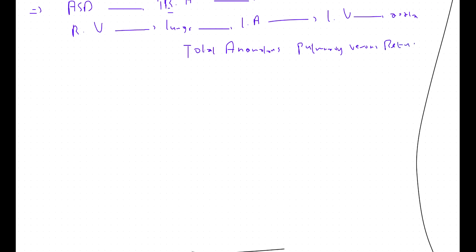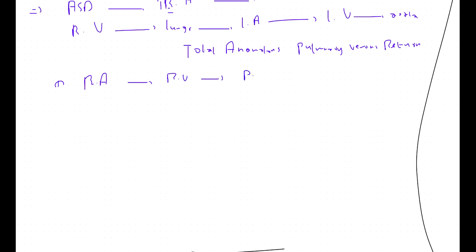So what does total anomalous pulmonary venous return mean? It's completely abnormal. First you have to look at what is happening normally. What is the normal blood flow? Blood goes from the right atrium through the right ventricle, and from the right ventricle it will go to the pulmonary artery.